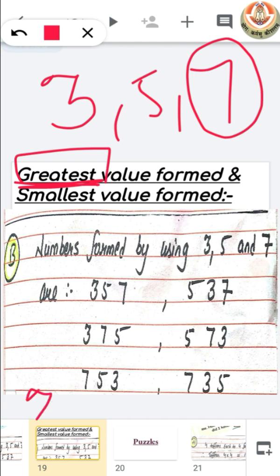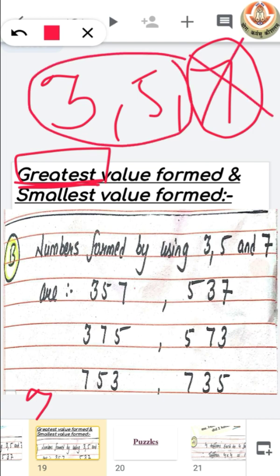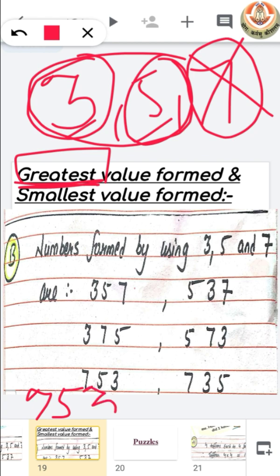Then the next greatest from the remaining ones. Now after 7 we have 3 and 5. So from 3 and 5, 5 is the greatest one. So that means after that we should have 5 and then the remaining one, which is the smallest one.